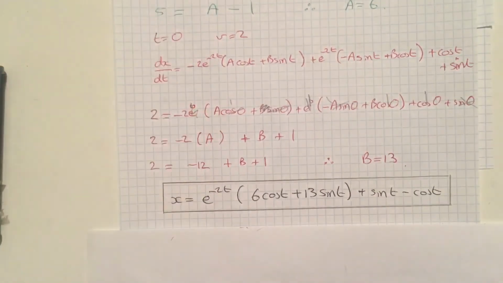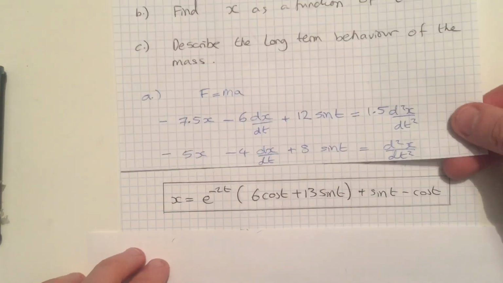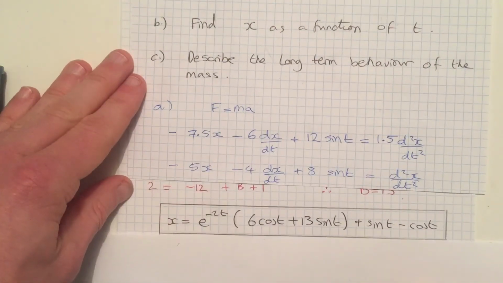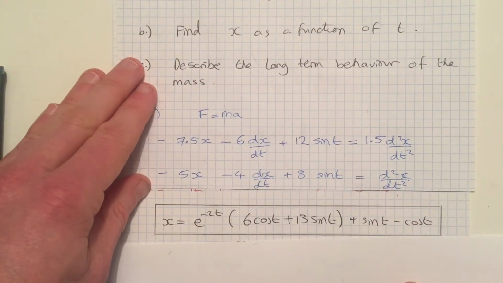And there we go. We've answered part B of this question, which asks us to find, sorry, not the general solution, it asks us to find x as a function of t, which is exactly what we've done here.